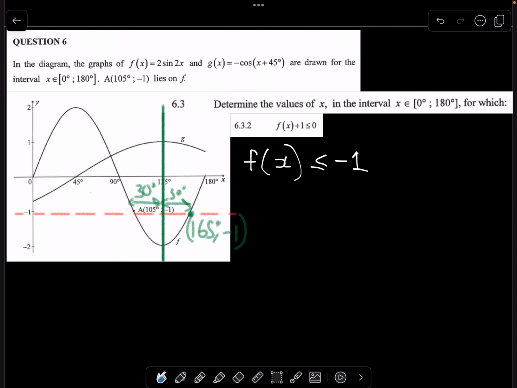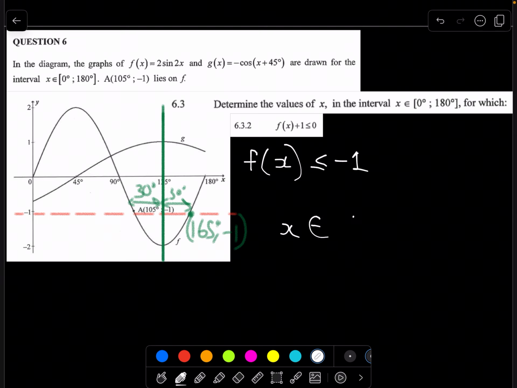Okay, so then we know that when x is between 105 and 165, this is where we have this little piece of the graph where f is just producing values that are smaller than -1. So anything from 105 to 165, and then the question again, do we include the boundaries or not?